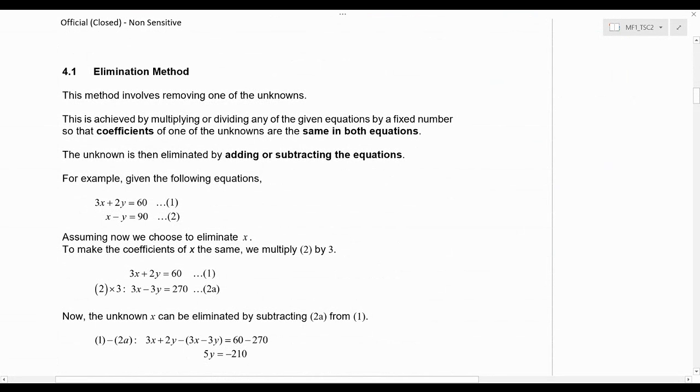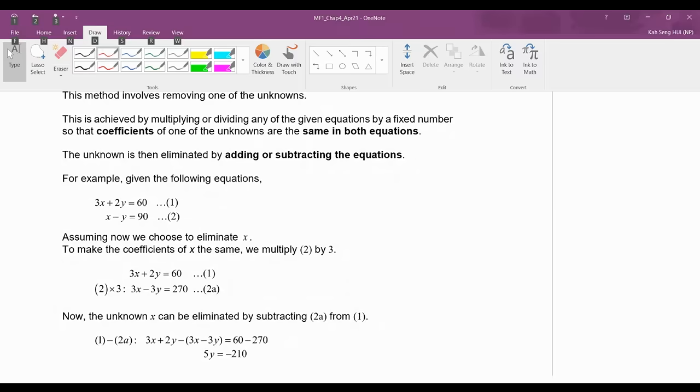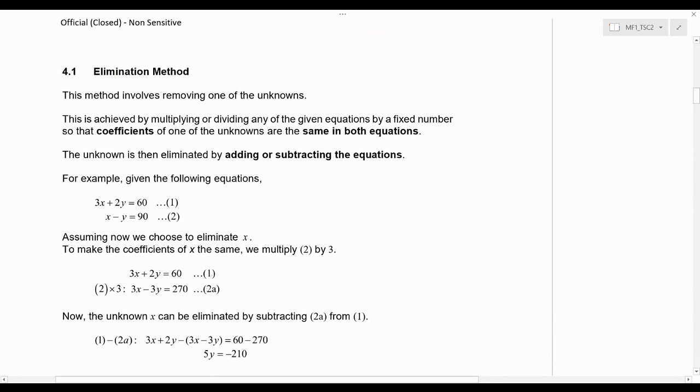So let's start with the elimination method. As mentioned, the elimination method is basically to remove one of the unknowns by tallying the same coefficient of the unknown. It's easier to understand once you use an example.